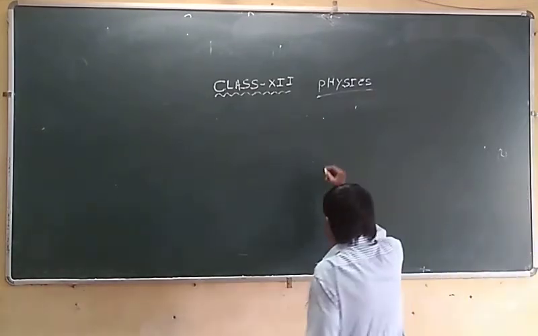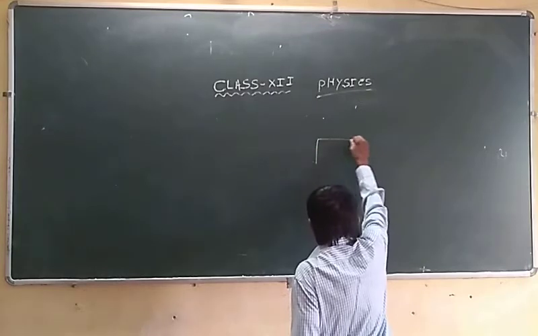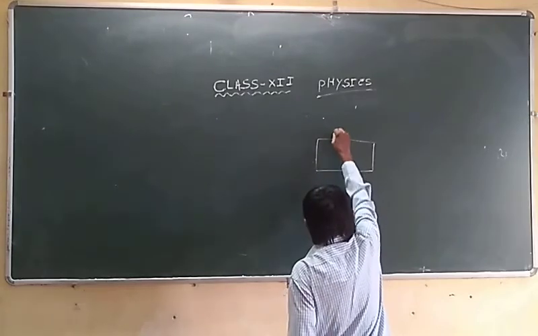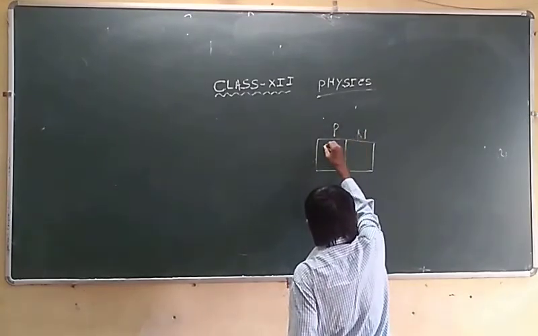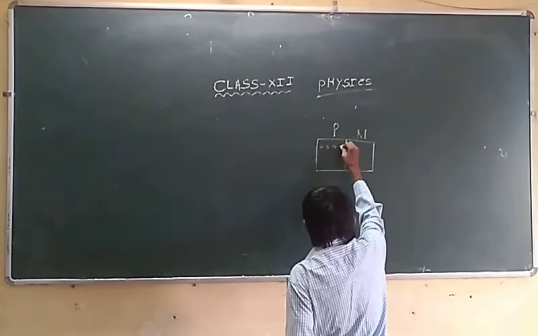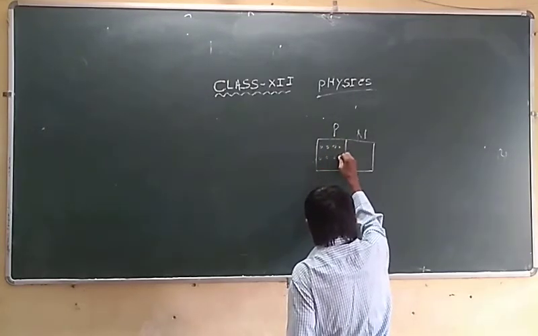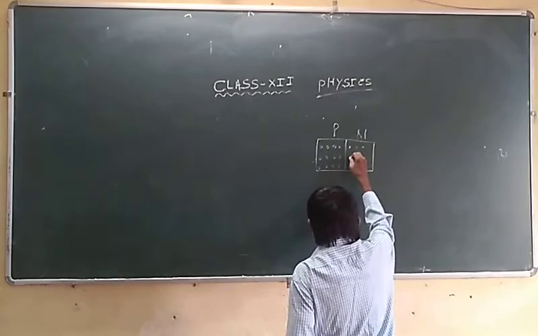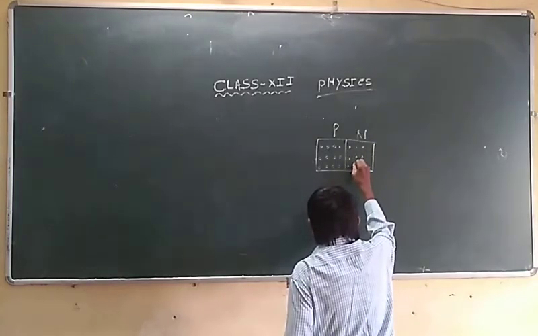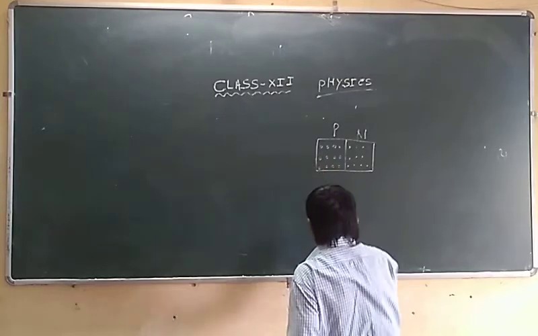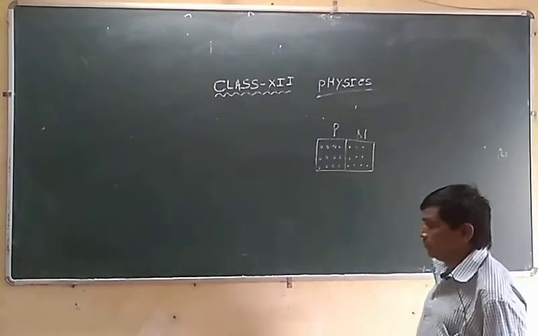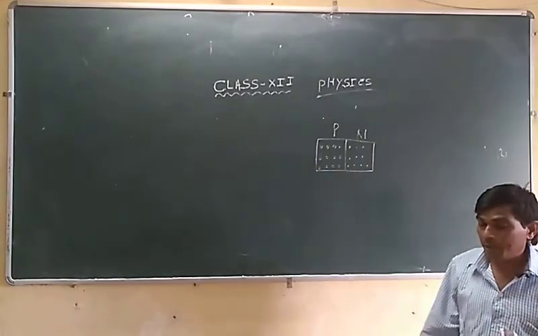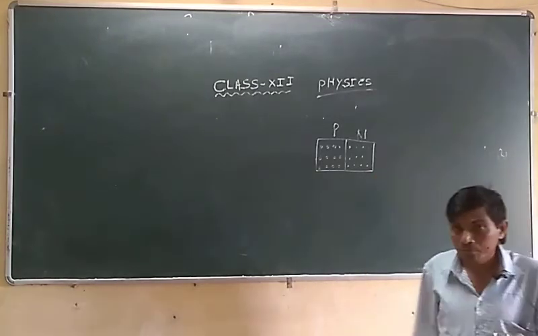Now this is the PN junction. P-type material and N-type material combine to form a PN junction.